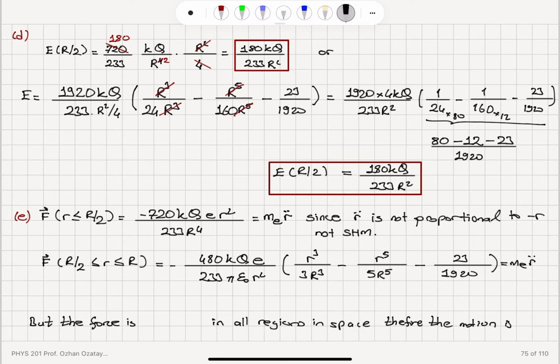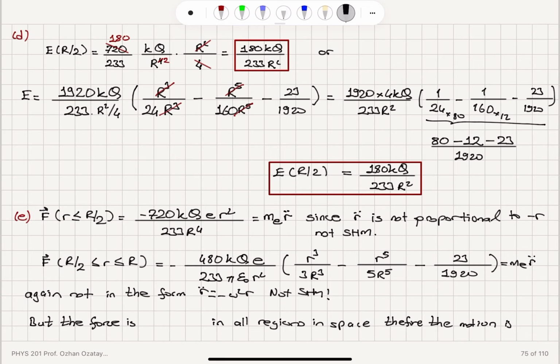Again, this is not in the form r double dot is equal to minus omega square r, therefore not simple harmonic motion.